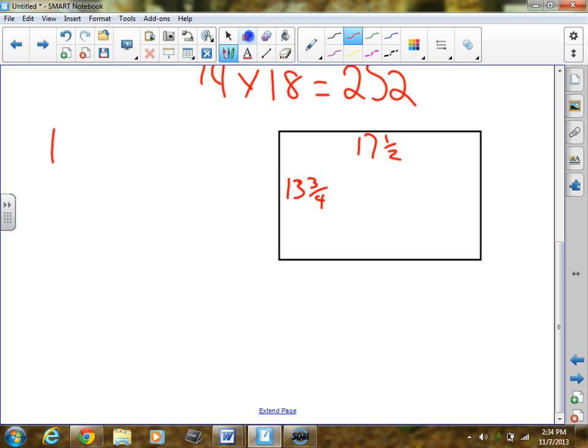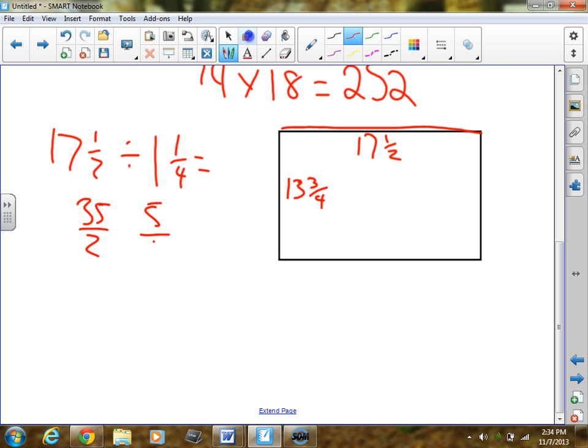So my first step, 17 1/2 divided by 1 1/4 to find out how many tiles are going to be on this side. I'm going to make those improper fractions. It's going to be 35 halves divided by 5/4. That's going to equal 35 halves times 4/5.